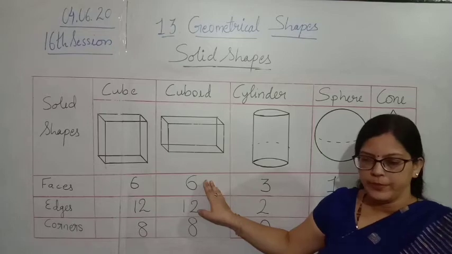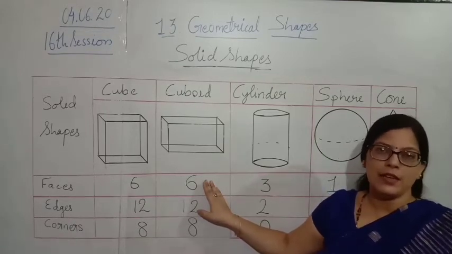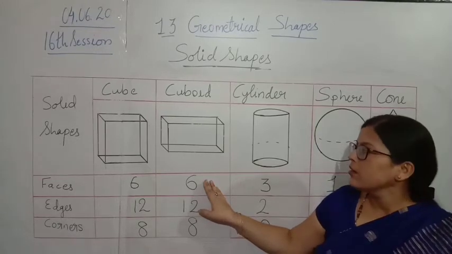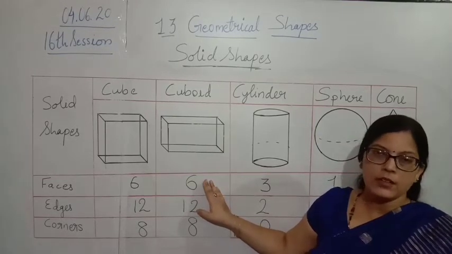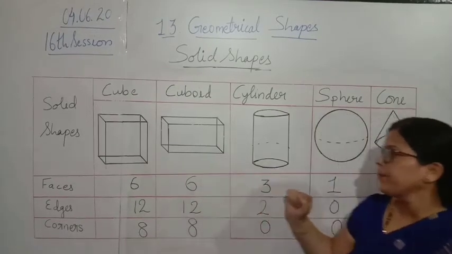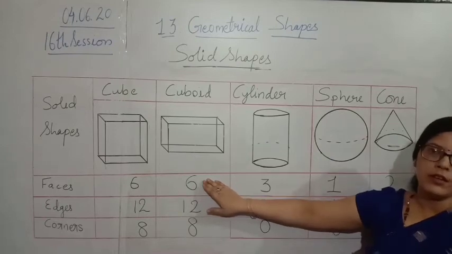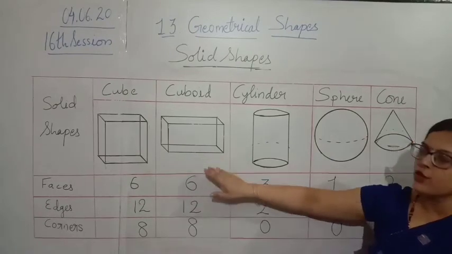Then your lunch box. Okay, it is also of cuboid shape. Clear? Matchbox. Clear? Then book. We can also give a book as an example of cuboid shape.